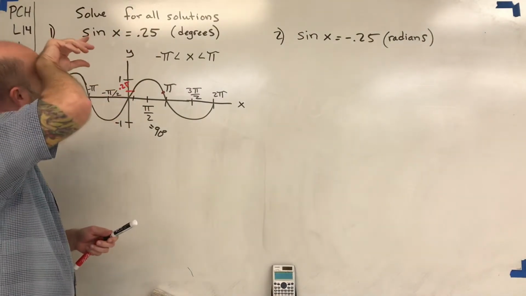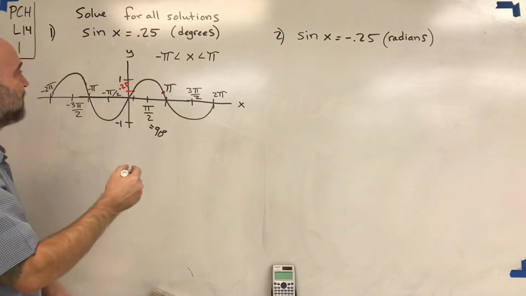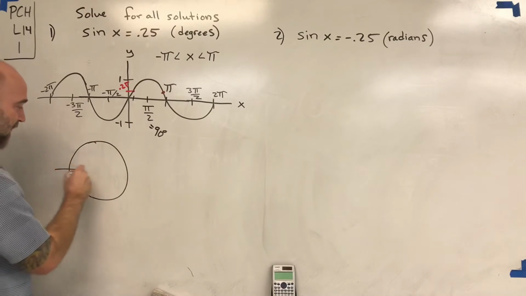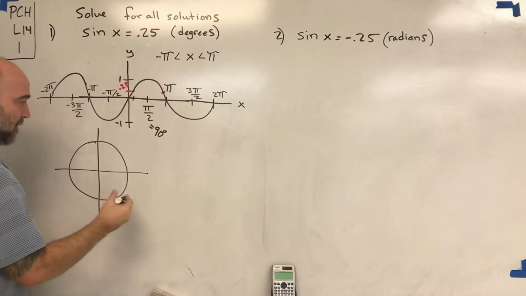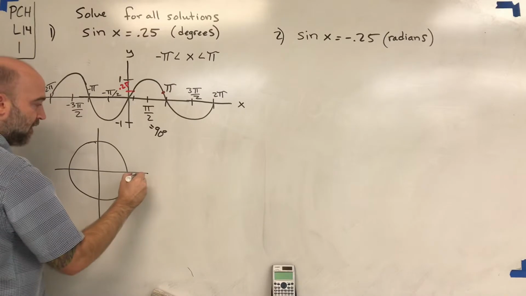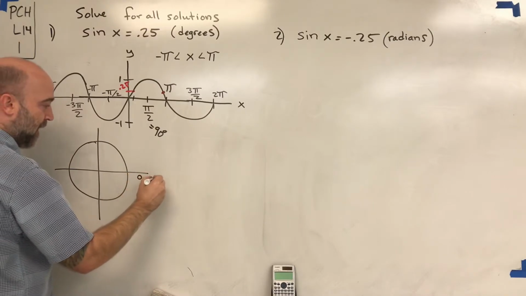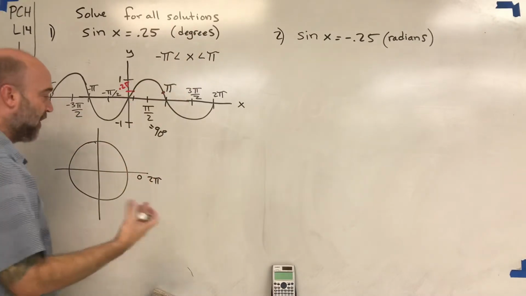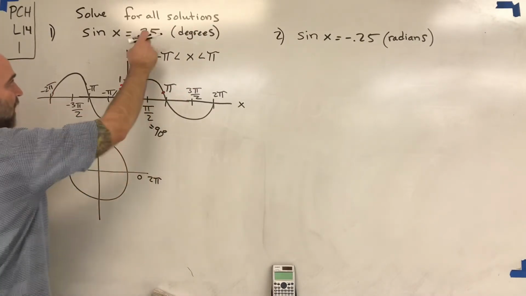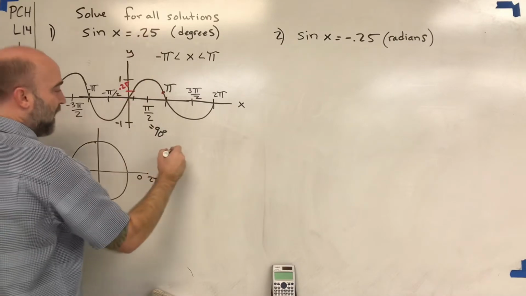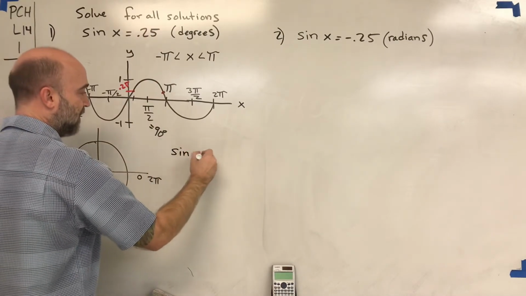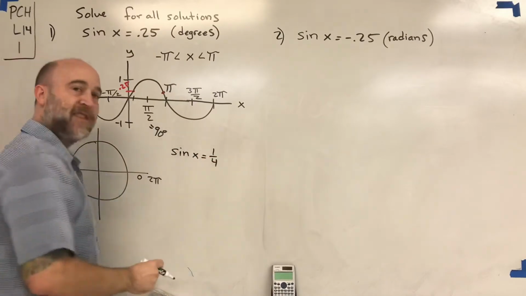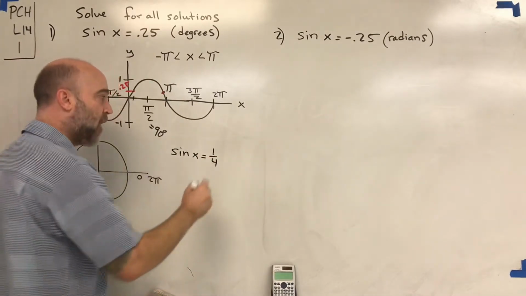We can also look at it in another sense too, which is kind of nice. So here's our unit circle. And this is at 0 or 2 pi. I need to remind myself I'm in degrees, so I'll convert out of that later. So sine x of 0.25, sine of x is equal to 0.25, is also 1/4. And the sine function is opposite over hypotenuse.